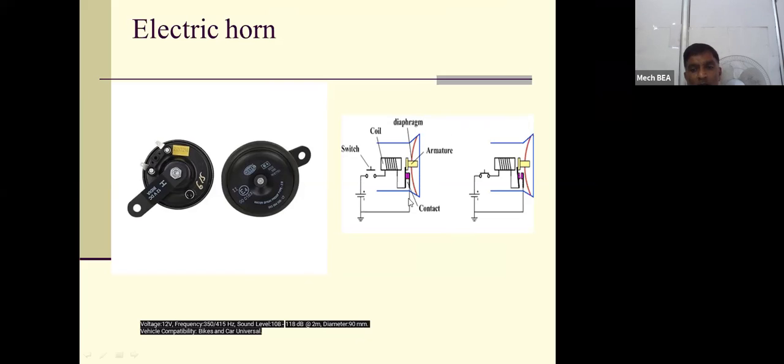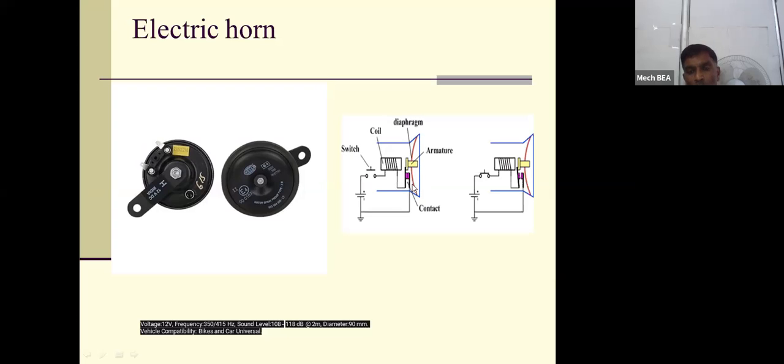This is the schematic internal structure of the electric horn. This is the coil, this is the diaphragm, this is the armature, and this is the contact.